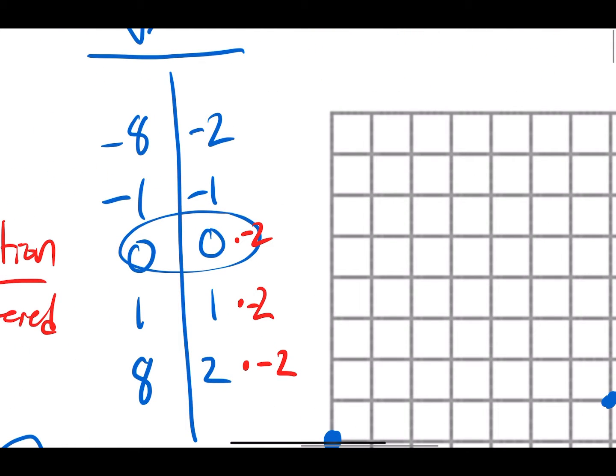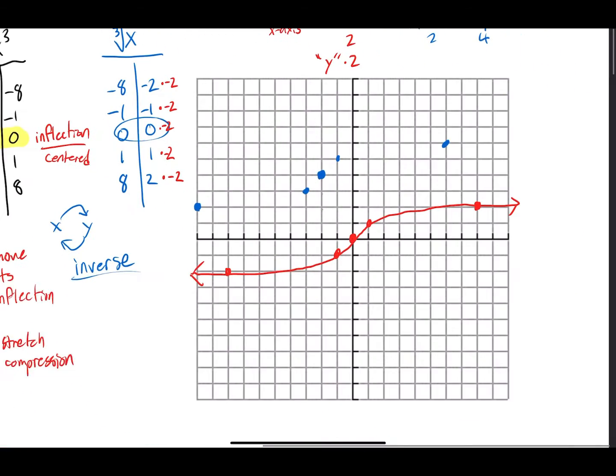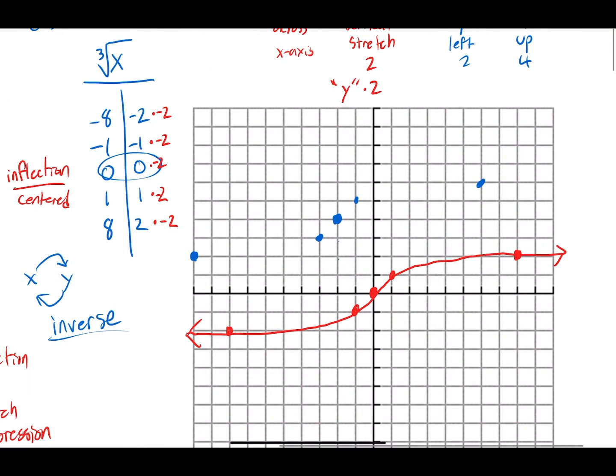And then on the other hand, go left 1, times -1 times -2 would have us going up 2, and left 8, -2 times -2, up 4. So we're flipping it and stretching all of these y values by a factor of 2. So 1 becomes 2, and then flipped. 2 becomes 4, and then flipped.